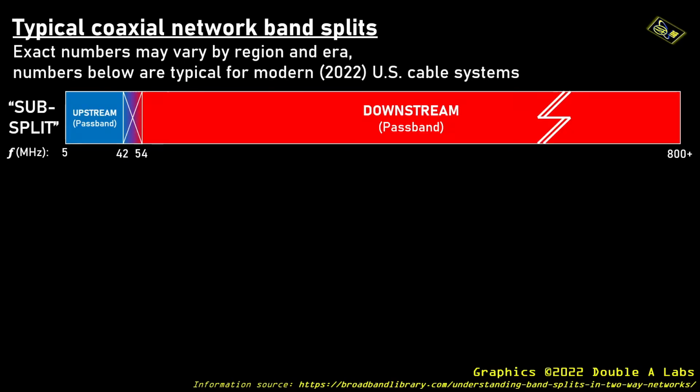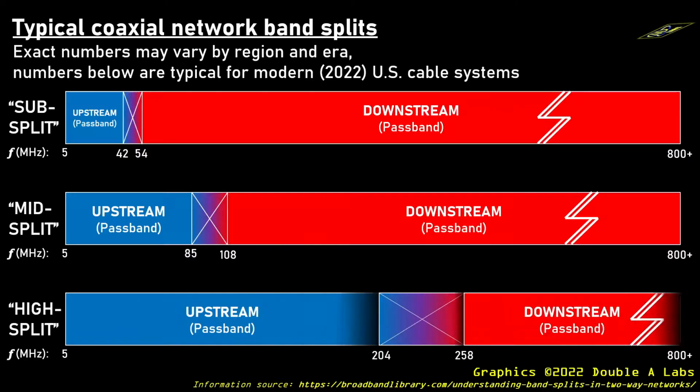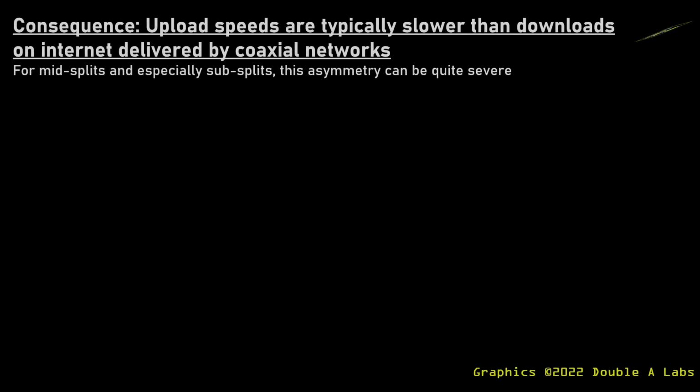As internet traffic has increased, and lately since COVID spurred the work-from-home revolution, customers are demanding faster speeds, and especially faster upload speeds. Cable network operators are upgrading their networks to be mid-split and high-split. Even today, still, upload speeds are typically slower than downloads on internet delivered by coaxial networks.